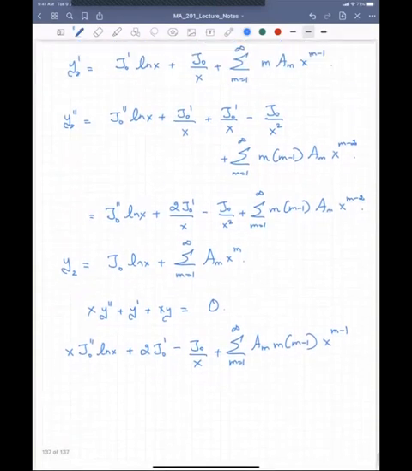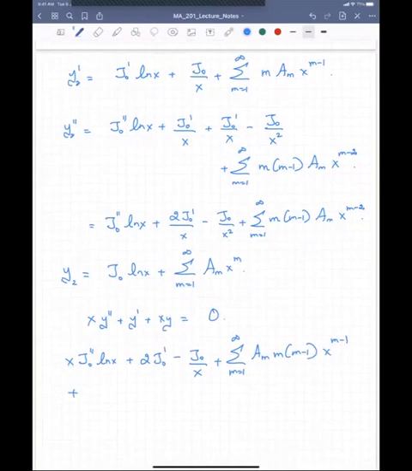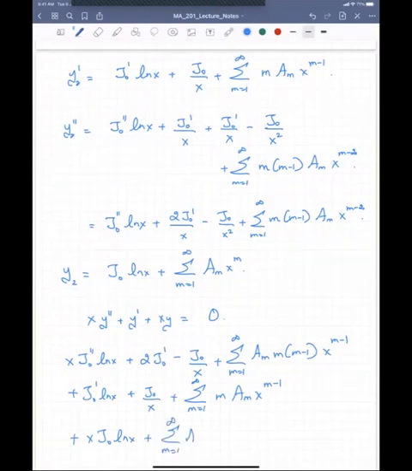The y prime term I will write as such: J0 prime log x plus J0 over x plus the sum from m equals 1 to infinity of m a_m x to the m minus 1. And now the last term is x times y. That would be x J0 log x plus the sum from m equals 1 to infinity of a_m, with a factor of x to the m, so this is x to the m plus 1. This whole thing has to be equal to 0.